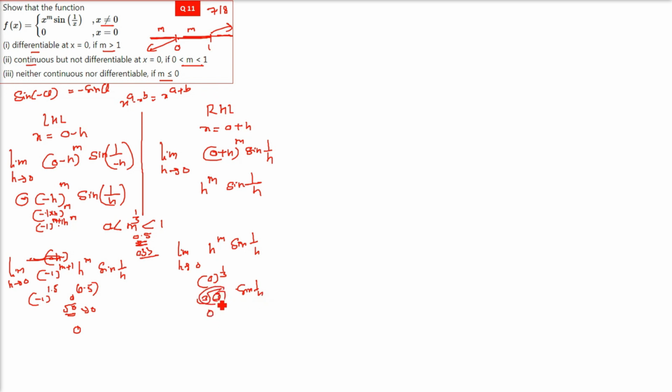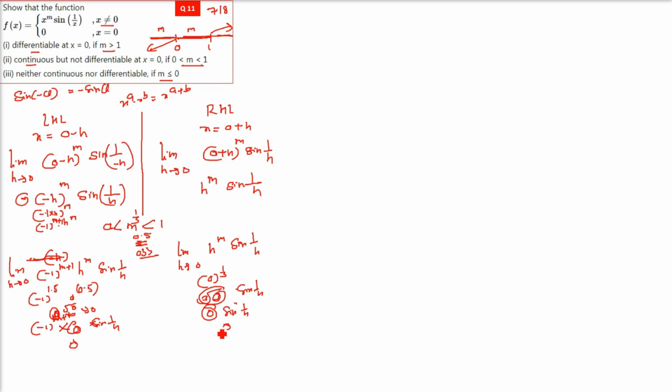So whatever is there after this, sine 1 by h, it will be 0. Now sine 1 by h is already there. Minus 1 to the power 1.5 is also there, m plus 1 you can just write. That doesn't matter. Why? Because sine 1 by h, the value is between minus 1 and 1. So multiplied by 0 with any of it, it is going to give you 0.